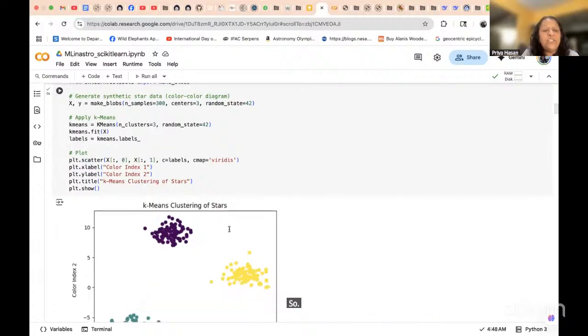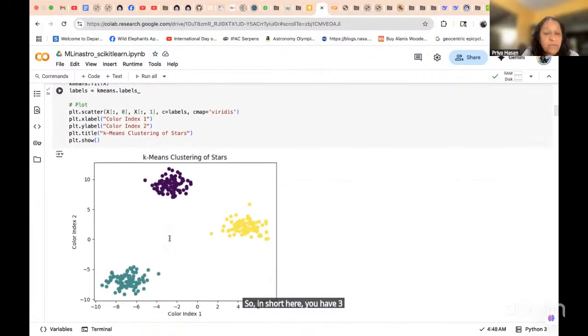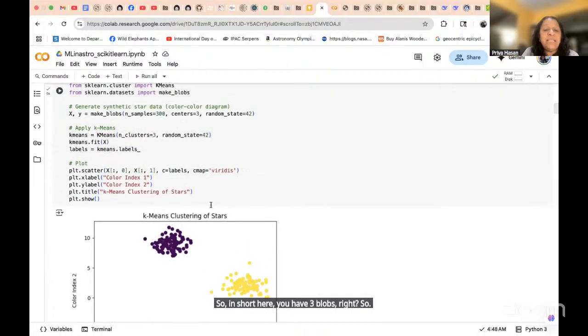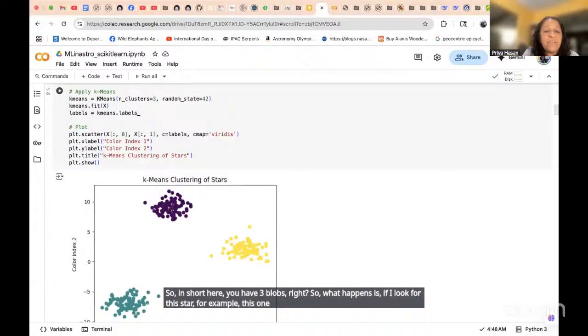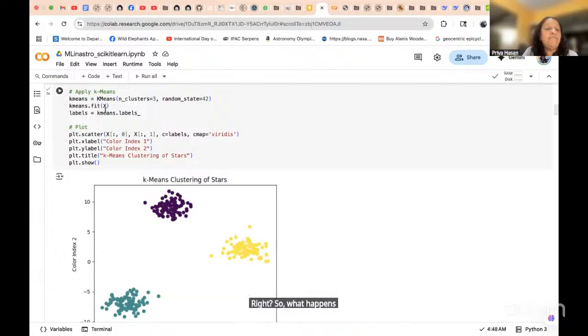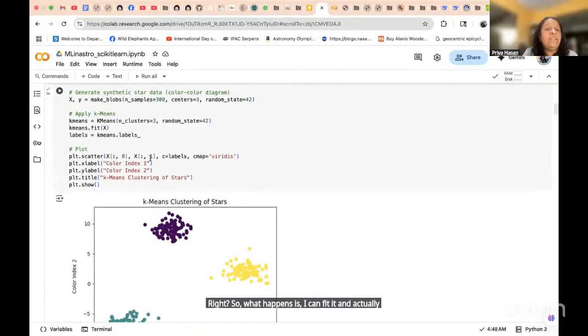So here you have 3 blobs. If I look at this star, which is on the outskirts, versus one over here, I look at the first 6, 7 nearest stars and can find the number of stars in this vicinity. So I can fit it and use it to find clusters.